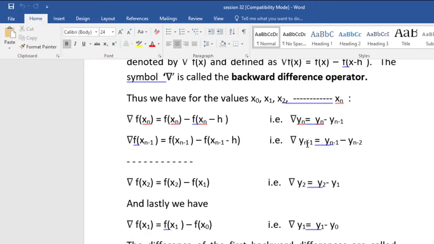That itself we can write as backward difference of yn minus 1 is equal to yn minus 1 minus yn minus 2. Similarly we can define other backward differences also. And lastly we have backward difference of f of x1 is equal to f of x1 minus f of x0, that is backward difference of y1 is equal to y1 minus y0.